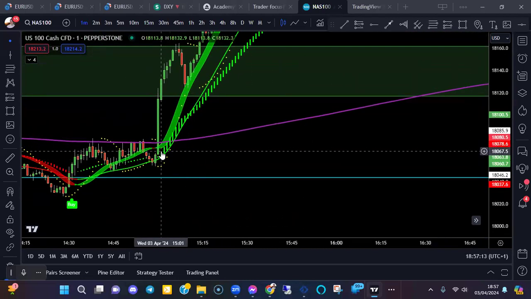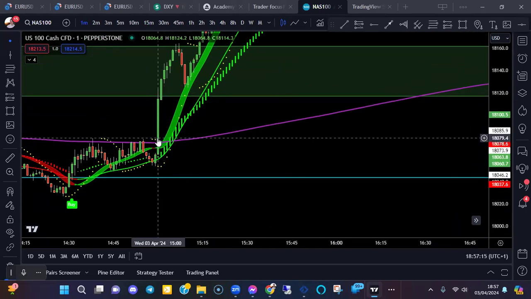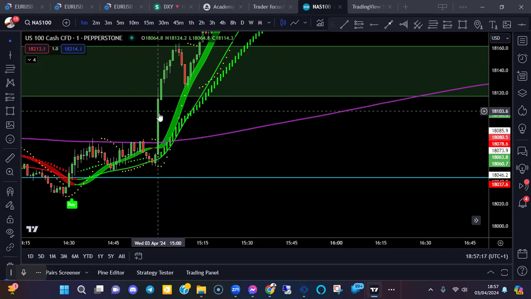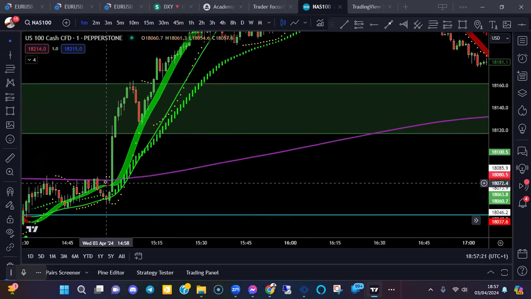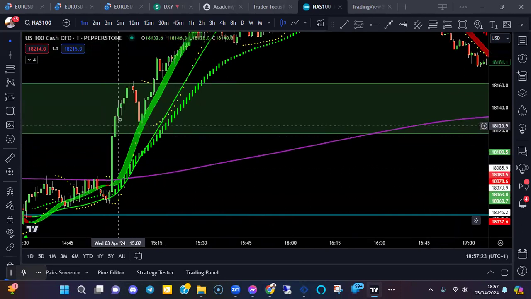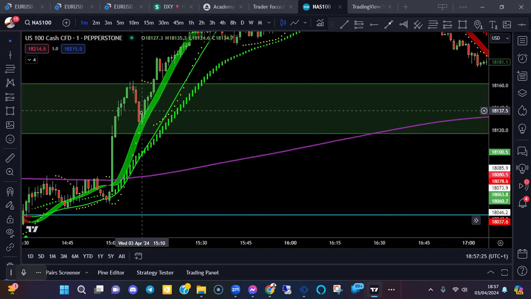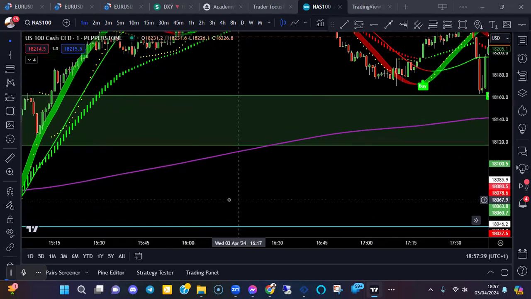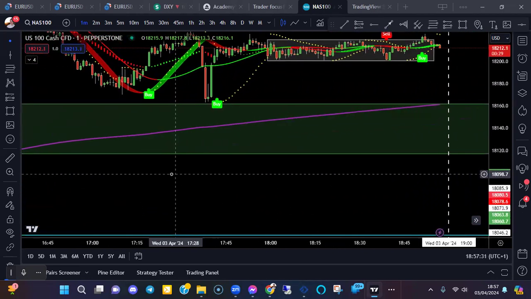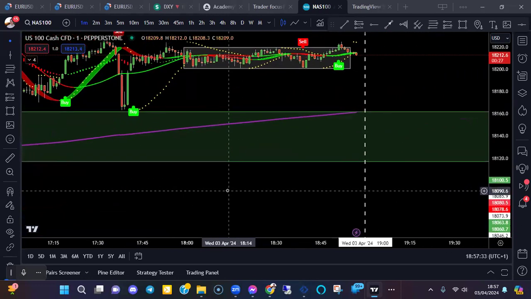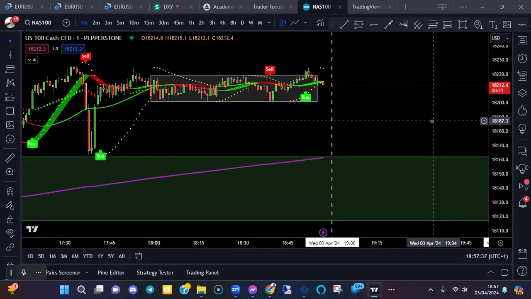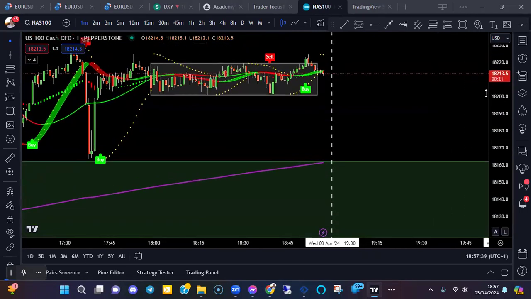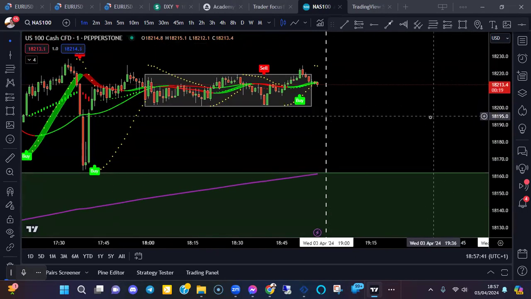We had a big bit of news here at 3 o'clock today, US news, and that caused this spike here, going up to there and then coming down, before shovelling off. But it's a buy bias that we have, so needless to say I'm paying particular attention to any buys.